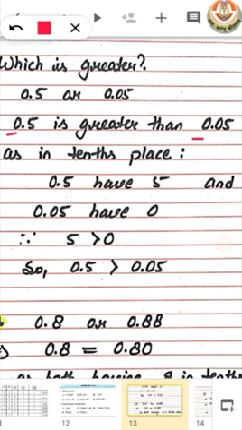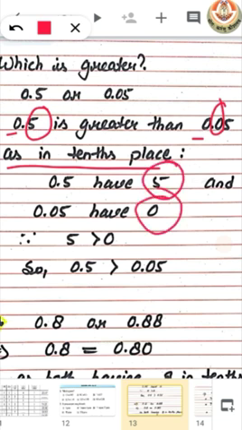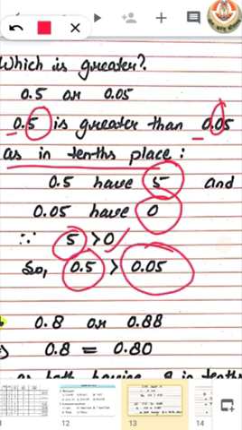After the decimal, the leftmost digit in 0.5 is 5 and in 0.05 is 0. So in the tenths place, 0.5 has 5 and 0.05 has 0. Now we know that 5 is greater than 0, so we can say that 0.5 is greater than 0.05.